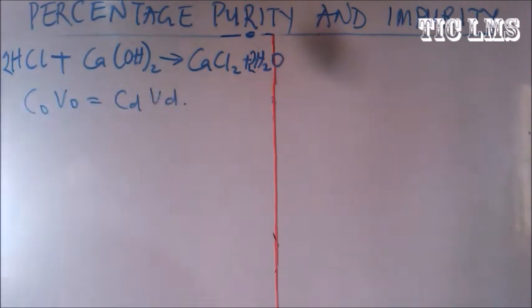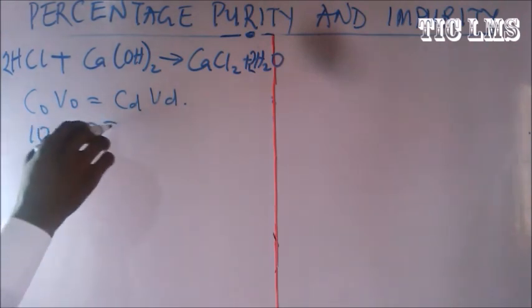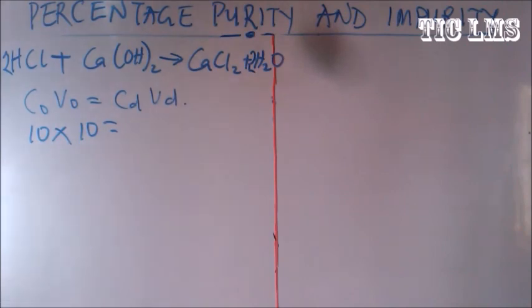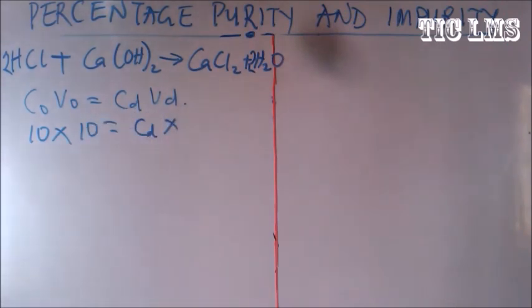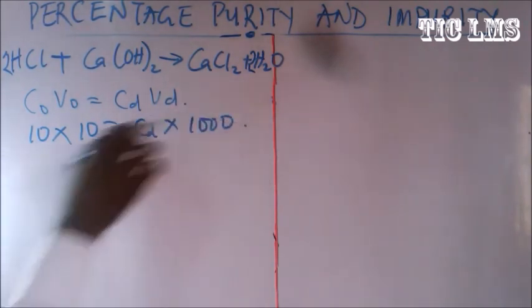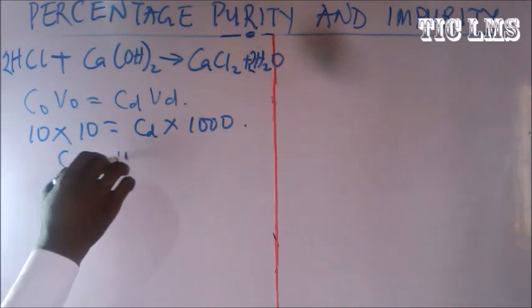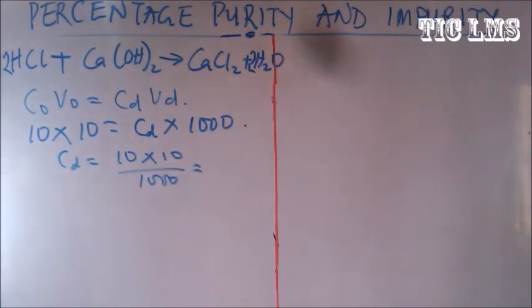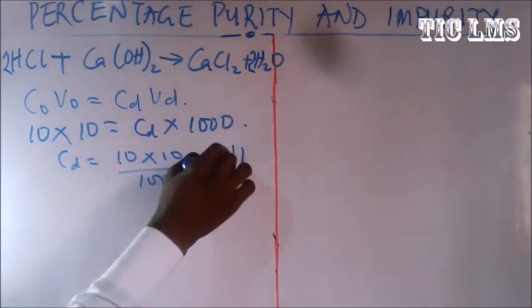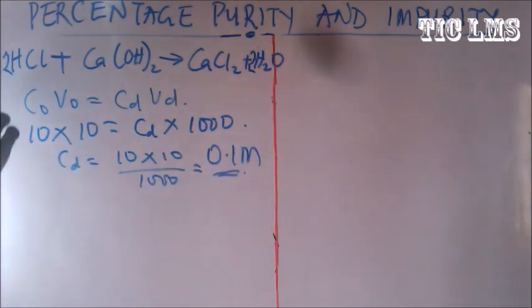Now the original concentration was 10 and the original volume was also 10, and the new concentration, which is the diluted concentration, is unknown, and the diluted volume is 1 dm cubed, which is 1000. And so we have Cd equals 10 times 10 over 1000, and this produces 0.1 molar. So this is the first part of the question, that is the concentration of the acid in mole per dm cubed.